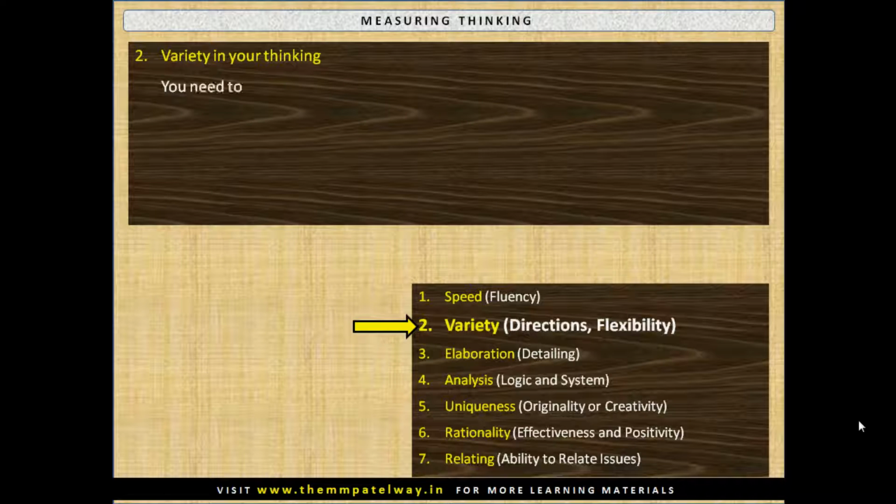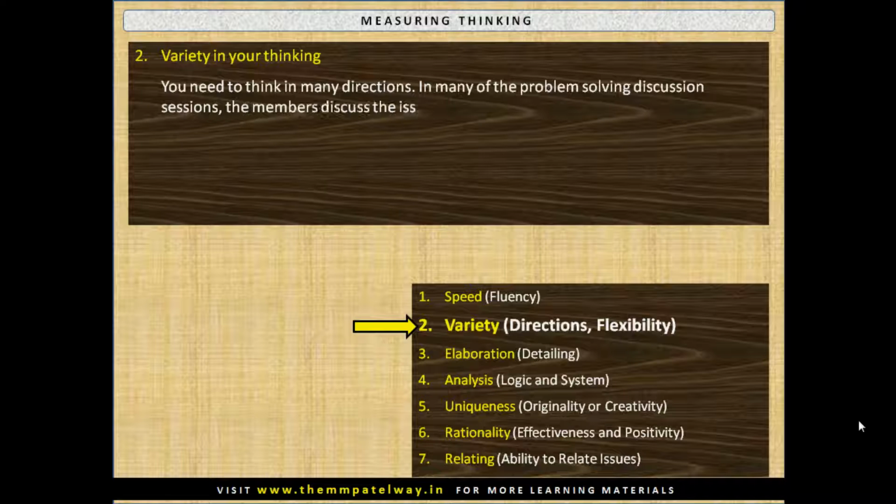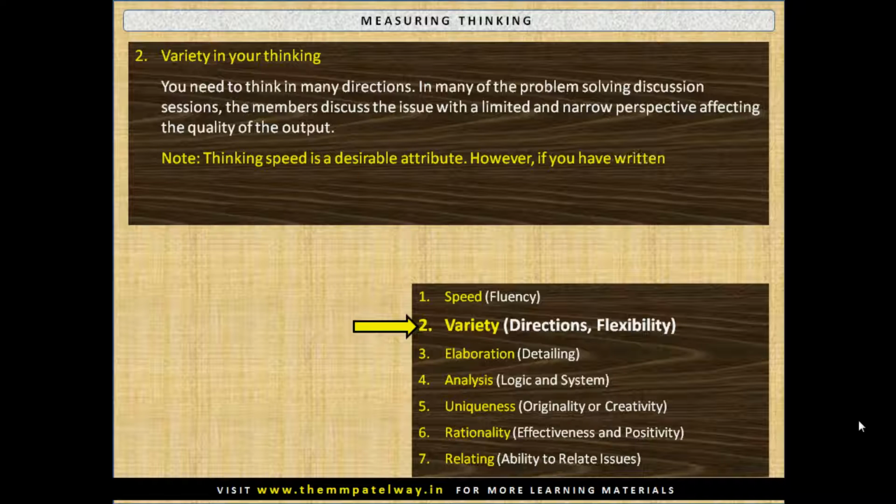You need to think in many directions. In many of the problem solving discussion sessions, the members discuss the issue with a limited and narrow perspective, affecting the quality of the output. I would like to add that thinking speed is a desirable attribute.